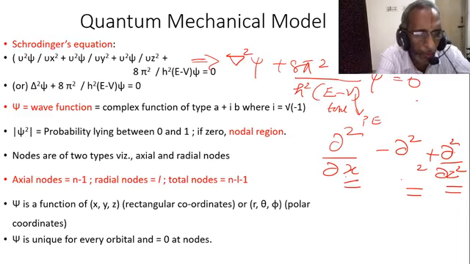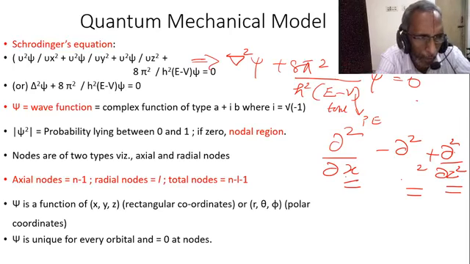A complex number on squaring can give a negative number, so on taking the modulus it gives a positive number. So probability lies between 0 and 1. Probability 0 means the electron cannot be found there. Probability 1 means the electron can definitely be found there. Zero probability regions are called nodal regions.